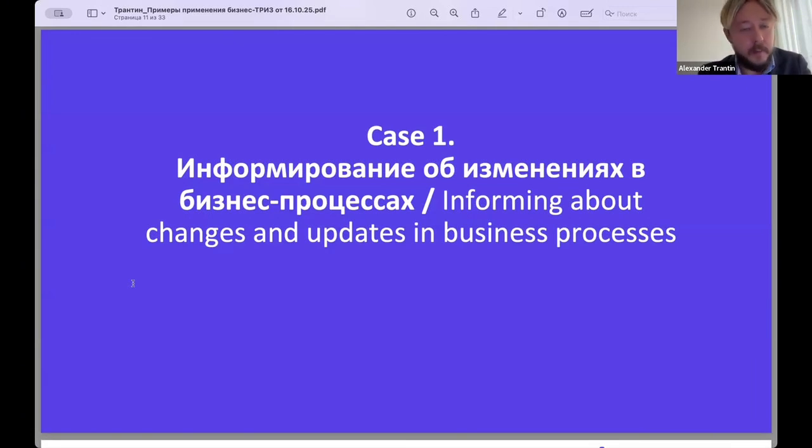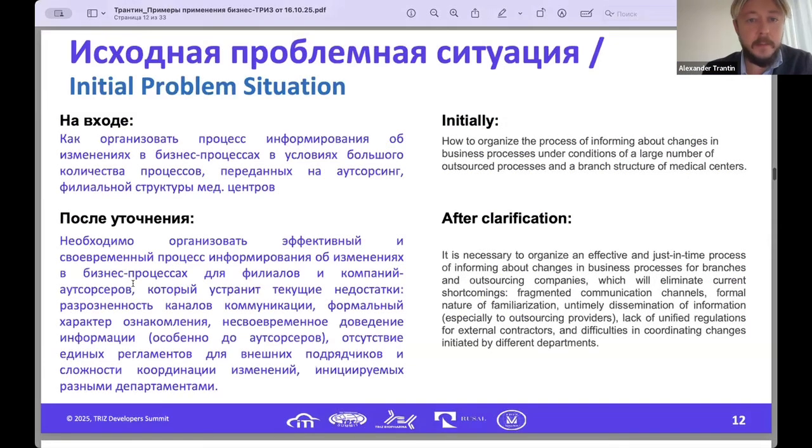So perhaps some things that are very typical of Rusal were not used in the teams that came to us with their problems.